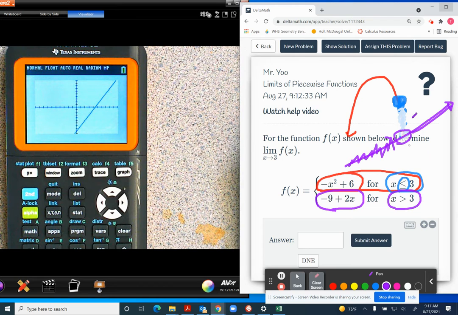Okay. So, first of all, I want you to learn how to practice drawing piecewise function. It takes a little bit of practice. But there is a shortcut to this. I know that this was pretty hard to follow. But I know you guys can do this. The shortcut is this.